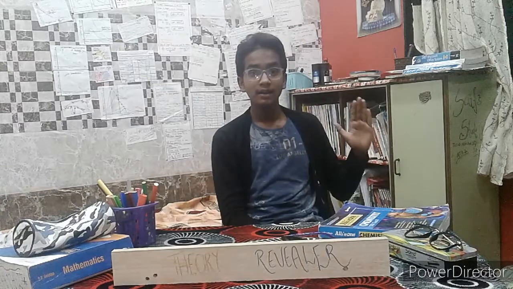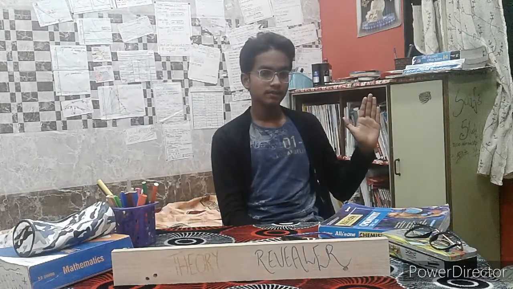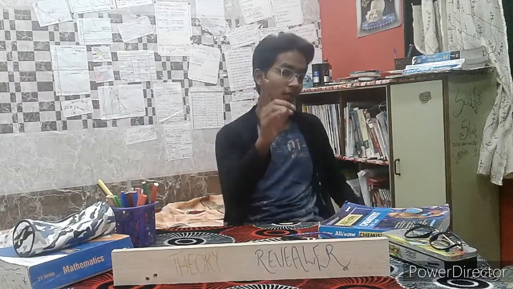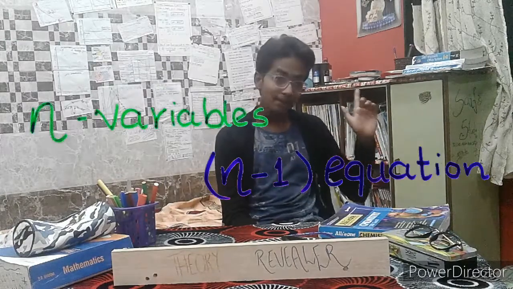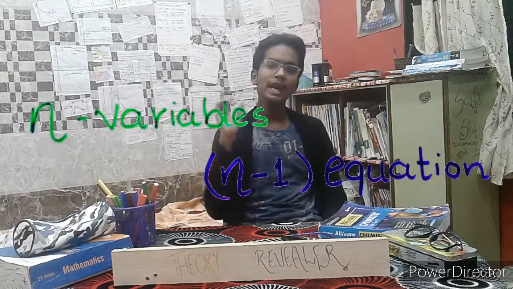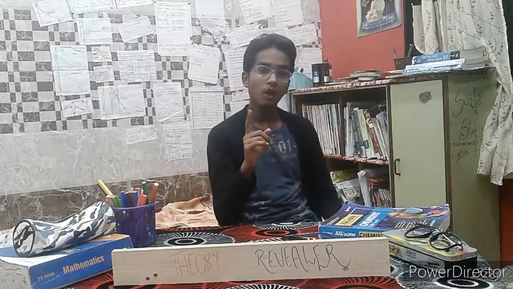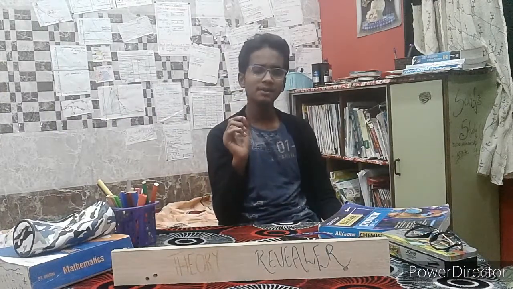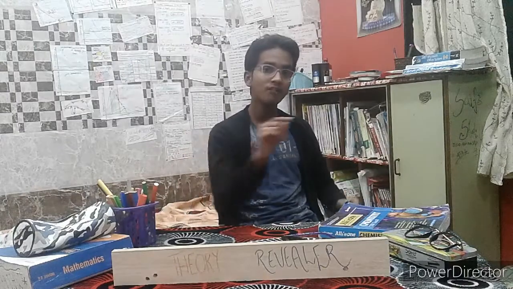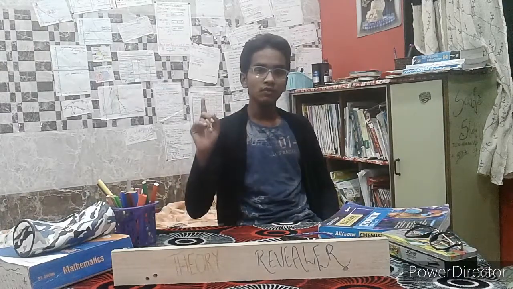As you have observed, there are n equations. No, there are n minus 1 equations, but only n variables. Let me explain. According to the fundamental principle of algebra, to get a unique value for n variables, there should be n equations which satisfy all the n variables.